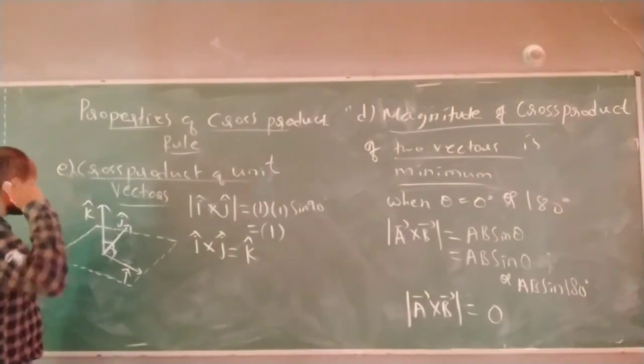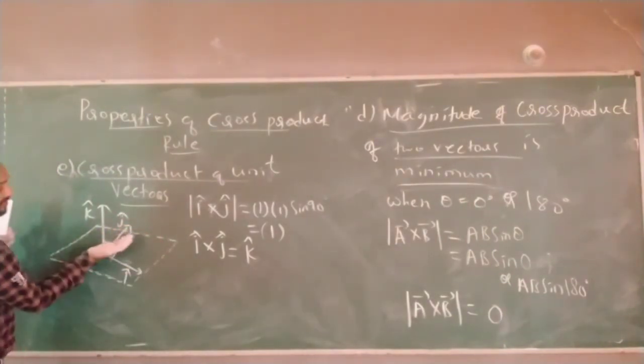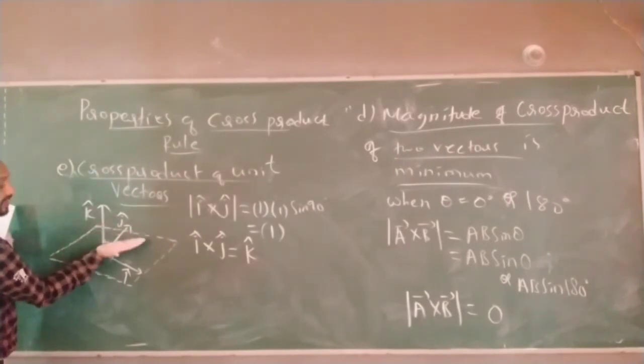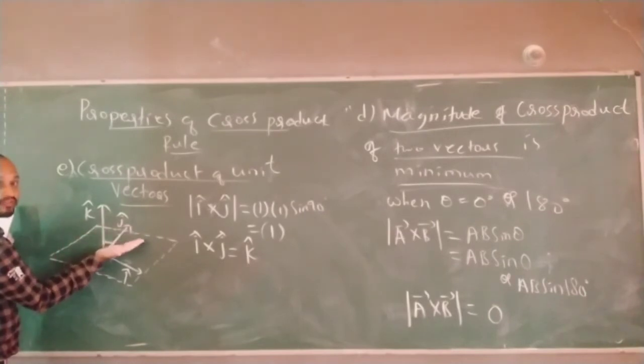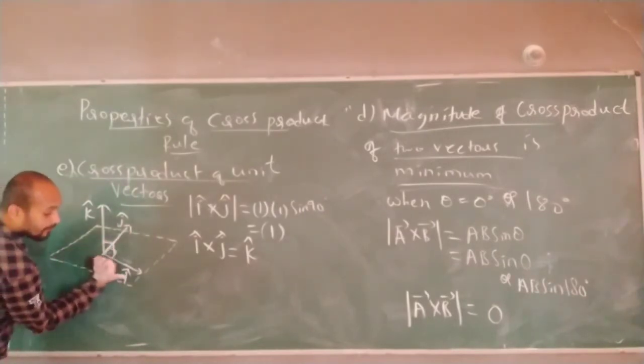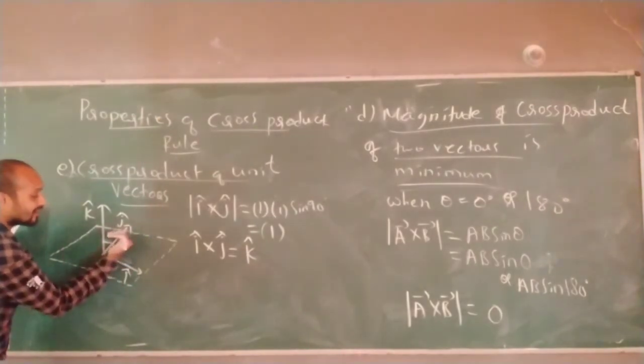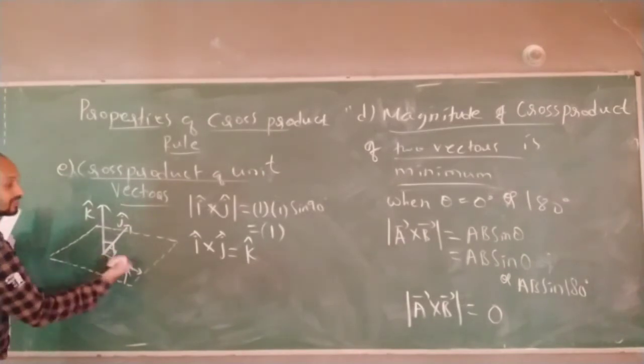Second, look carefully. j cross k. This is j, this is k. My four fingers are curling from j to k. The thumb direction is towards i cap.